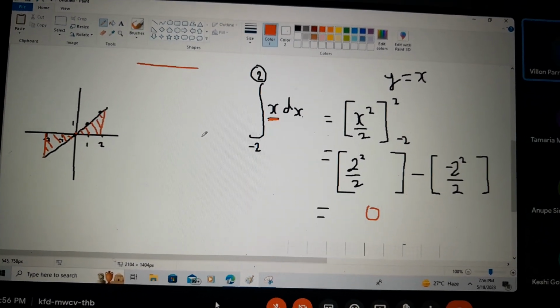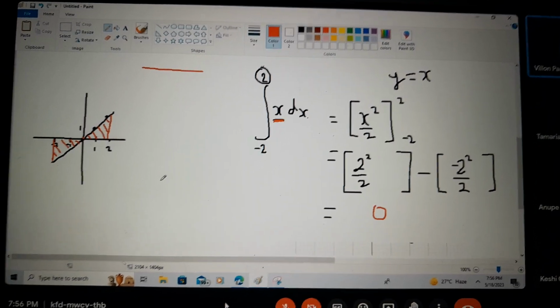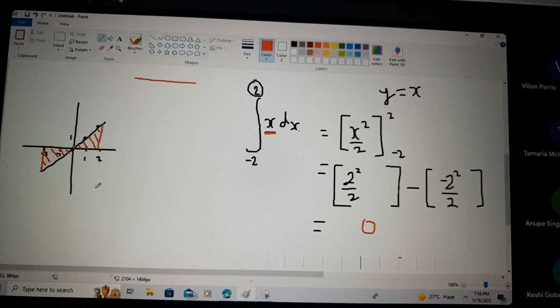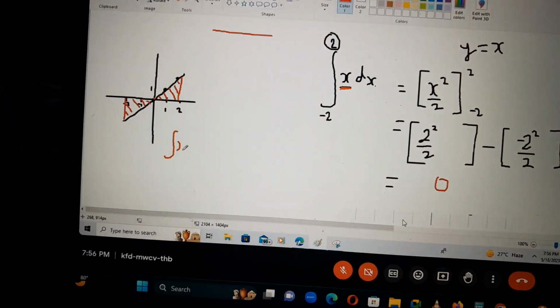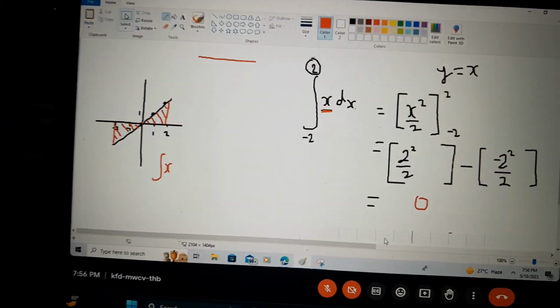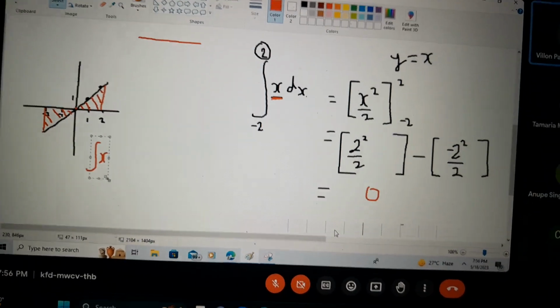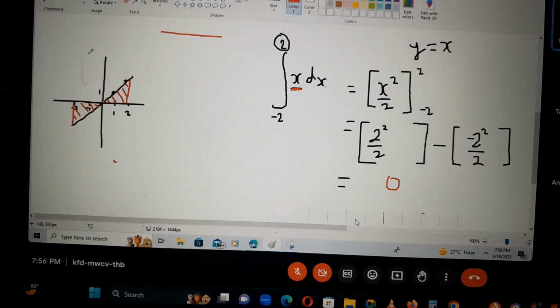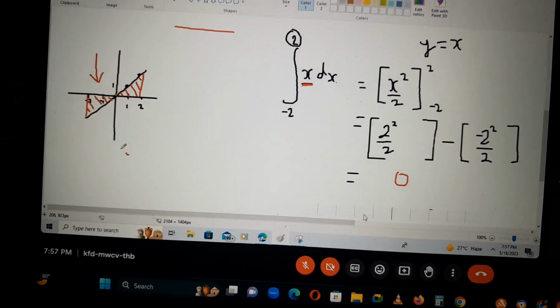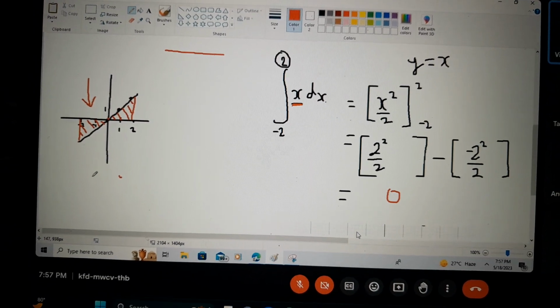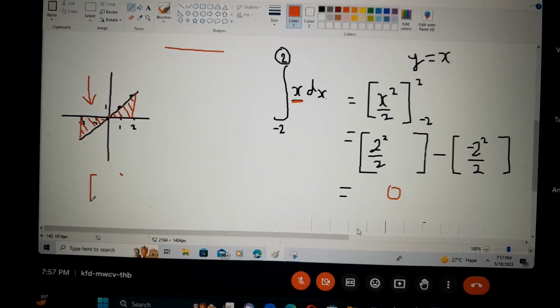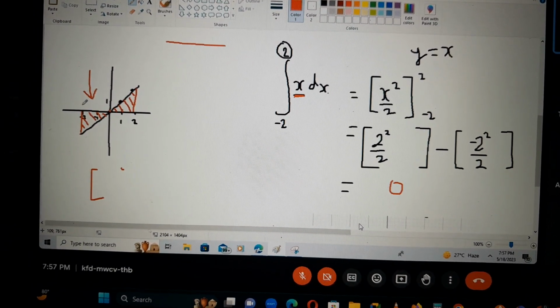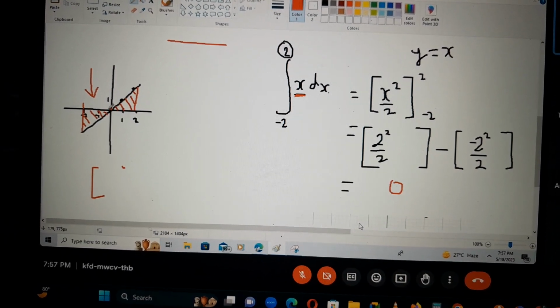So what we'll have to do is to take the integral of x dx. Well, let me do it the way I did it before. So what would be our boundaries for this part here? This first part. Negative 2, 0. Wonderful. From here to here.